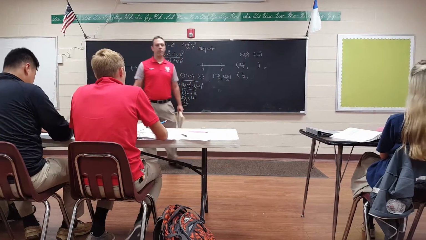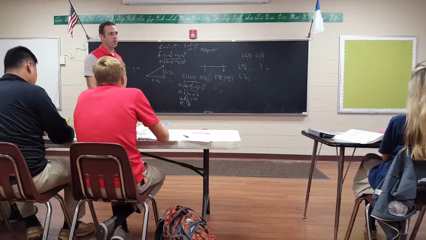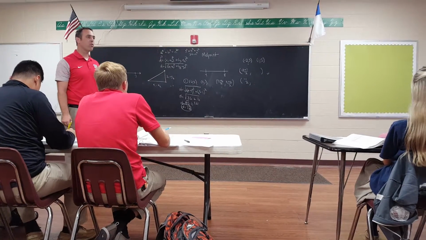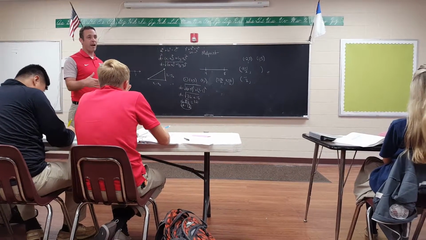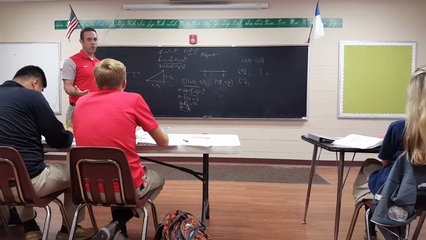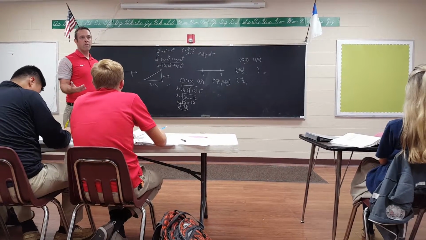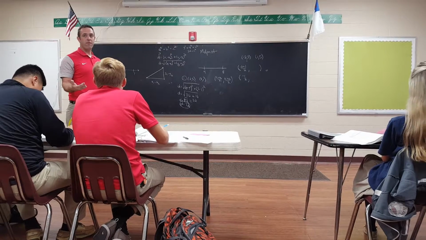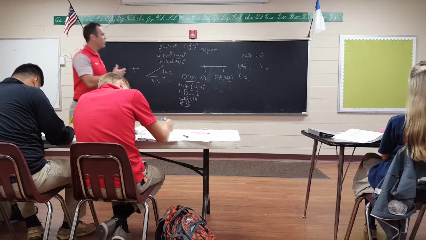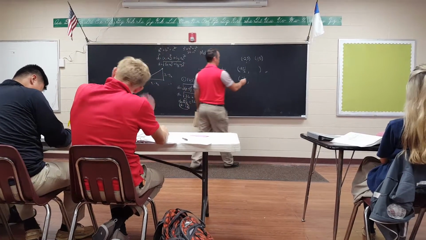Then what would we get for my y midpoint? We've got 3 and 5, which you can probably figure out. What's in between 3 and 5? 4, right? 5 plus 3 is 8, divided by 2 would be 4.